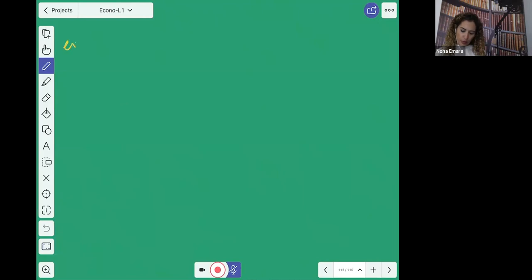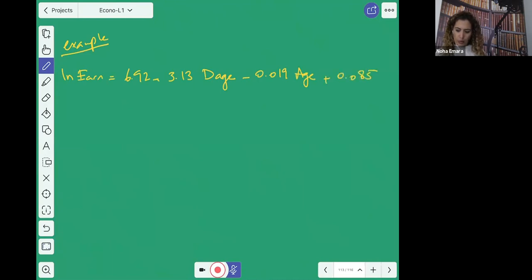Suppose I have this log model, okay? So this is log linear. I have log earning equal to 6.92 minus 3.13 times a dummy for age, a binary variable, minus 0.019 times age, a continuous variable, plus 0.085 times age multiplied by the dummy for age.